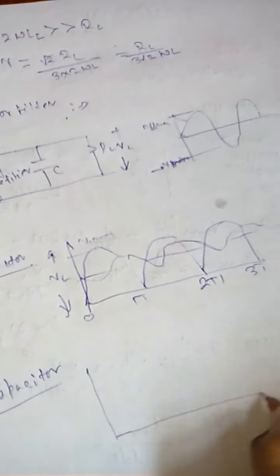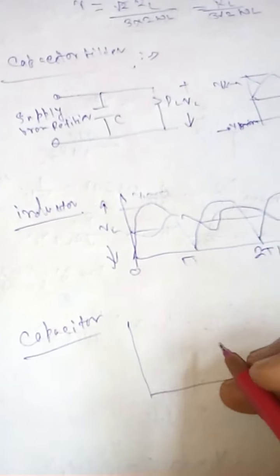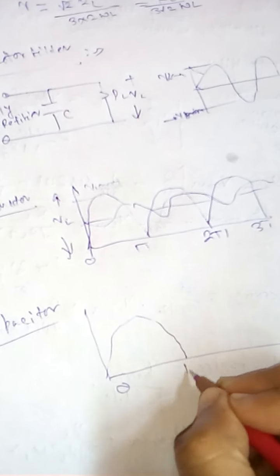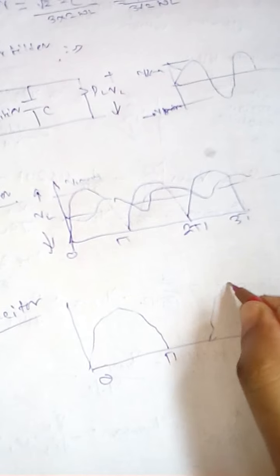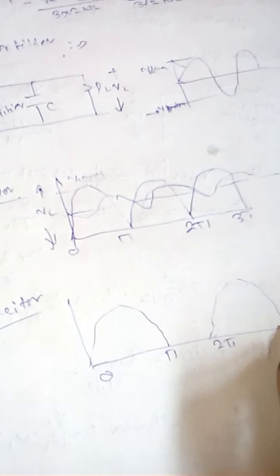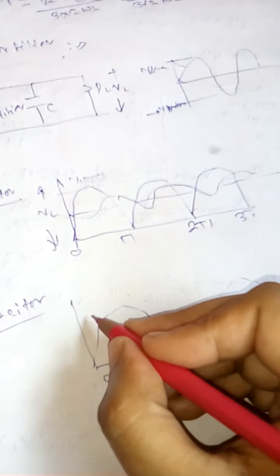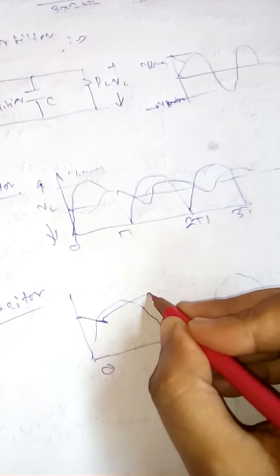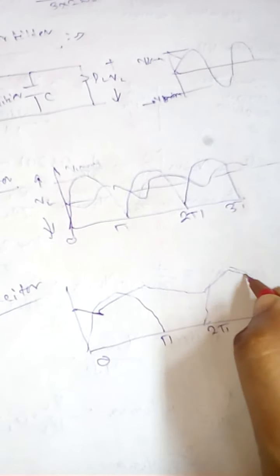If we take here, for half wave 0 to pi, then 2 pi, 3 pi, we get that type of waveform.